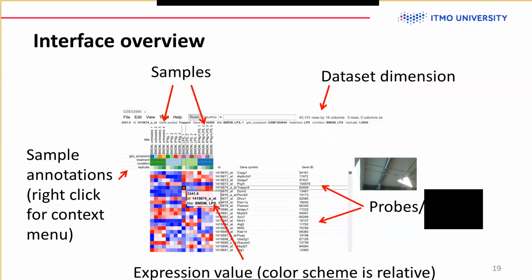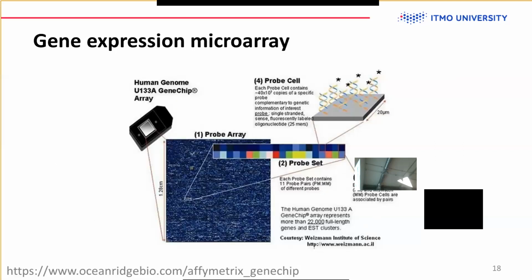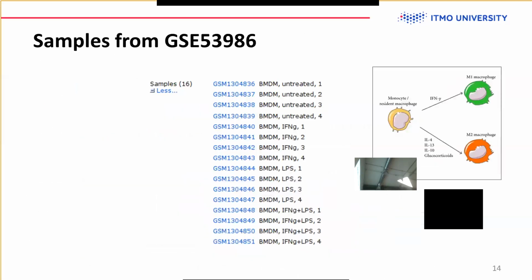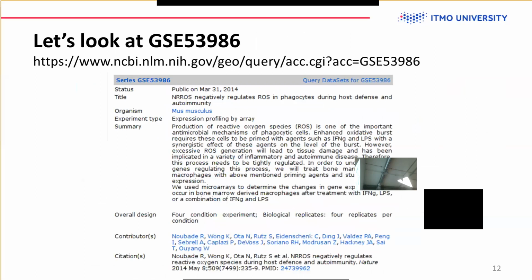For each gene there can be multiple probes as well, like these 45,000. Actually, I believe this is exactly the same microarray that we did here.